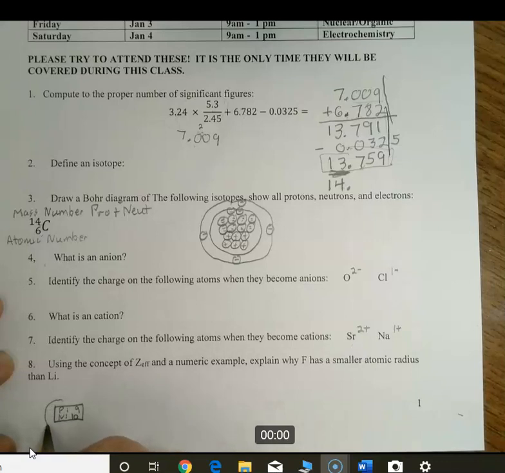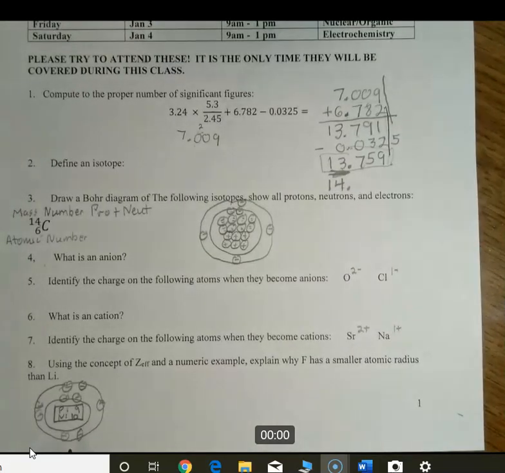All right, so now it has 2 electrons right here in the first orbital, and then fluorine has 1, 2, 3, 4, 5, 6, 7 electrons in the second orbital, so 7 plus 2 is 9. So it has the same number of electrons as protons.